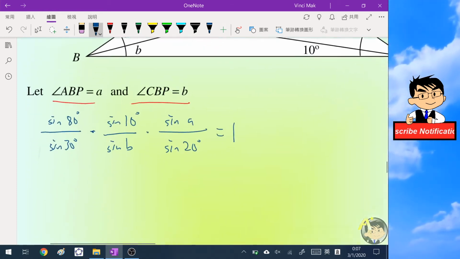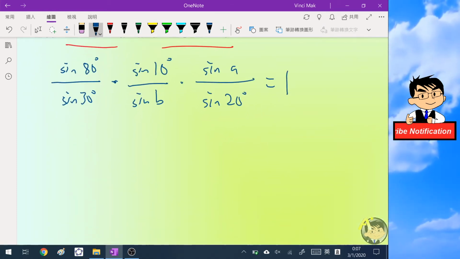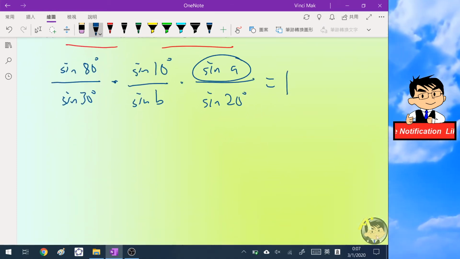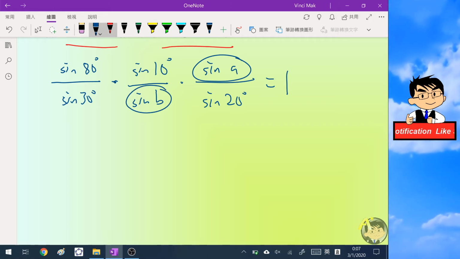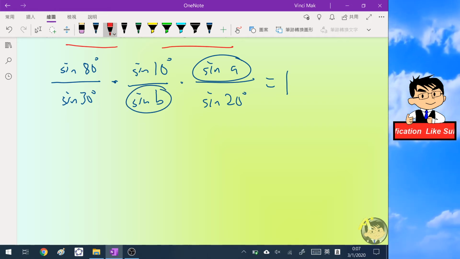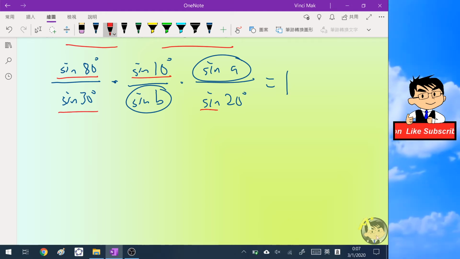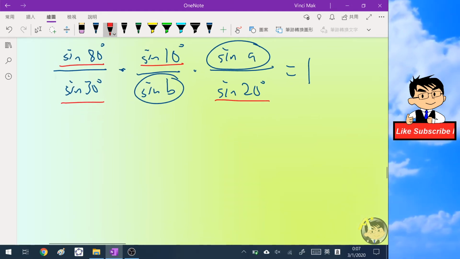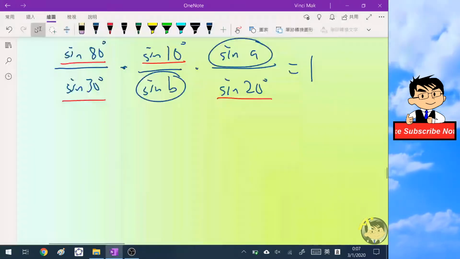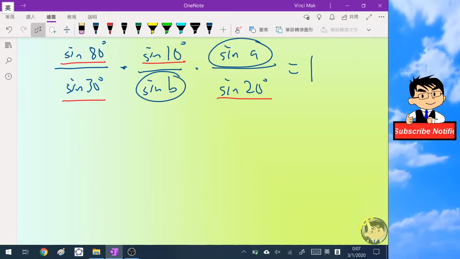Now we would like to simplify this expression. Notice that there are two unknowns, sine A and sine B, in this equation, and the remaining are sine 80, sine 10, sine 30, and sine 20. And we don't have any calculator. So now what do we do?